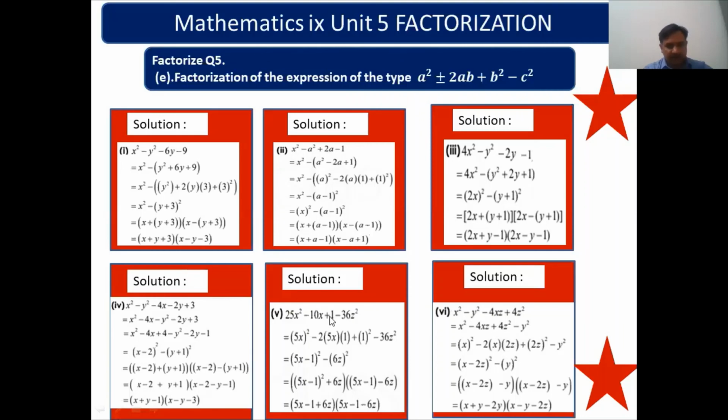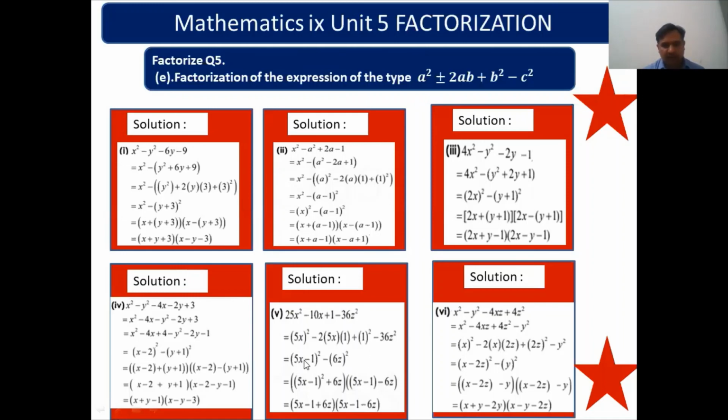Part 5, 25x square minus 10x plus 1 minus 36z square. So 25x square can be written as 5x whole square, and 1 can be written as 1 square, and for the formula we have minus 2, first term is 5x, second is 1. So we can write this term in closed form as 5x minus 1 whole square, and 36z square can be written as 6z whole square.